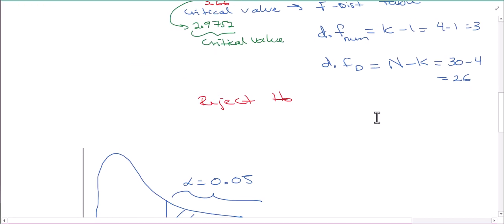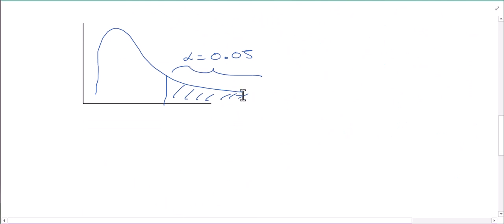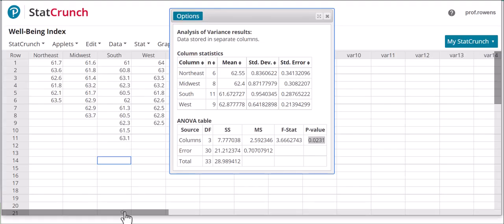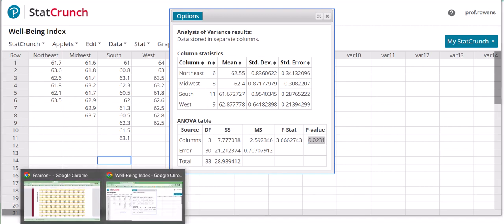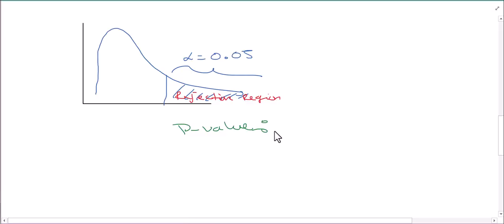And so this is our rejection region. So our alpha is 0.05. Our p-value, what was our p-value? We got 0.0231.